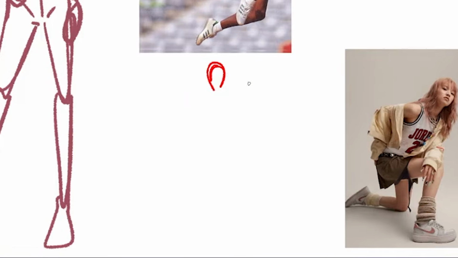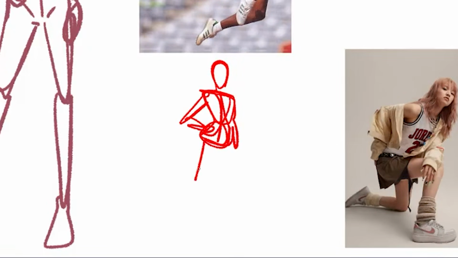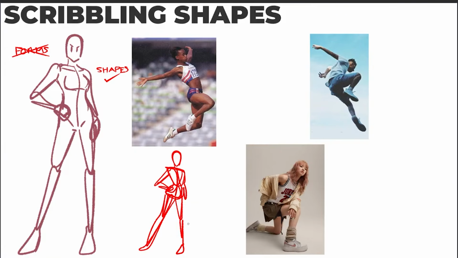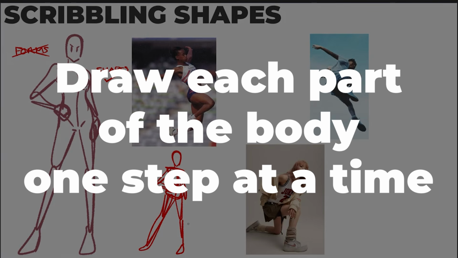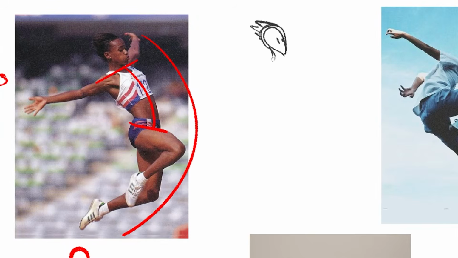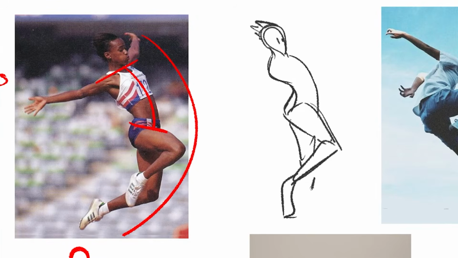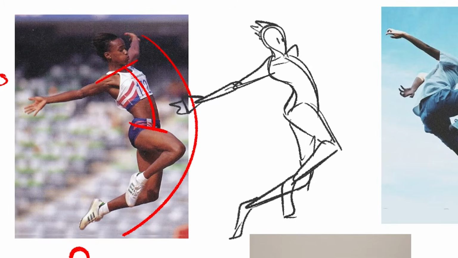This is somewhat a variation of a method called contour lines, where we are drawing the human figure with one continuous line. But for this technique, I tend to draw each part of the body with simple shapes one step at a time. I start with the head, and then the body, and then followed by the limbs.